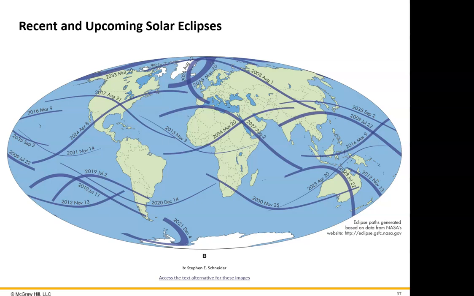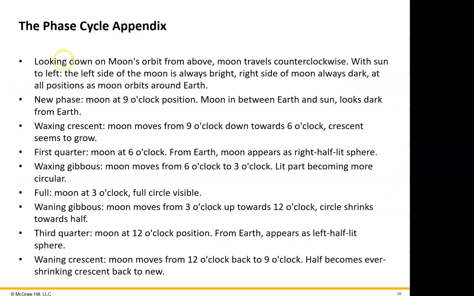I don't know, it's still pretty cold in March. Anyhow, you can see some of the past eclipses, and notice most of these lines are over ocean, right? Because two thirds of the planet is ocean.